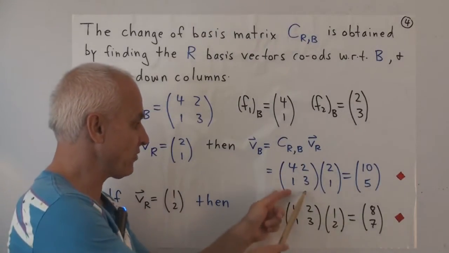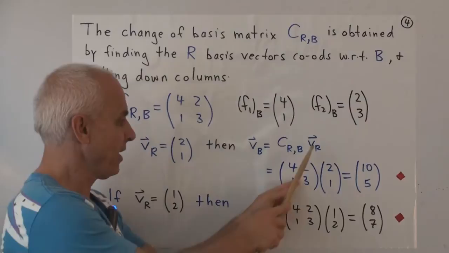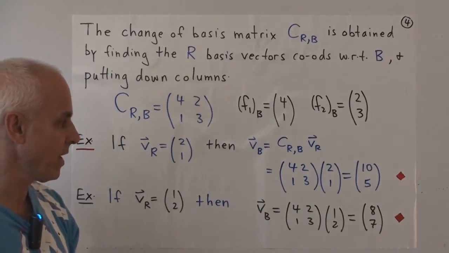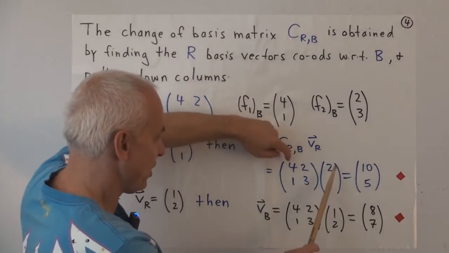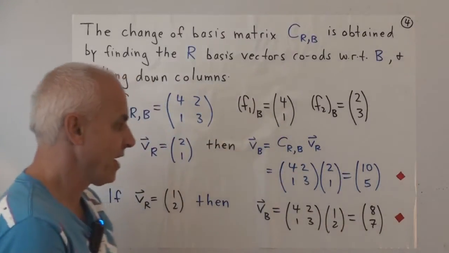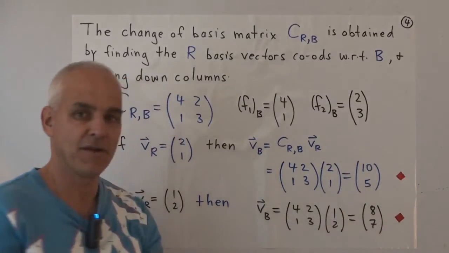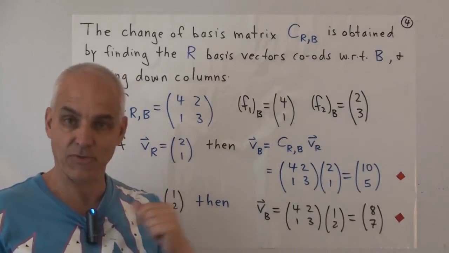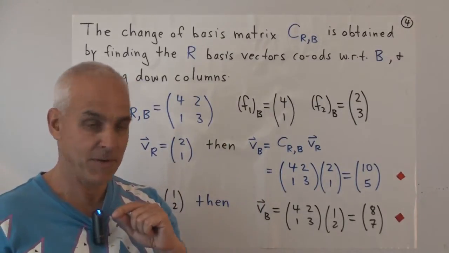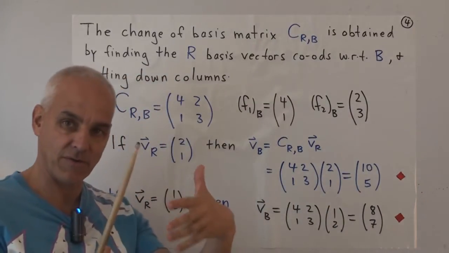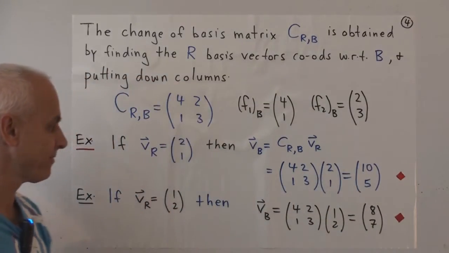Here's the change of basis matrix, exactly this one here. Here's the coordinate vector of V with respect to Rachel. When you've performed this multiplication, 8 plus 2 is 10, 2 plus 3 is 5. That was indeed the coordinate vector of that first vector V that we talked about with respect to Bob. So that's how you go from Rachel's to Bob's coordinate vector for a given vector.